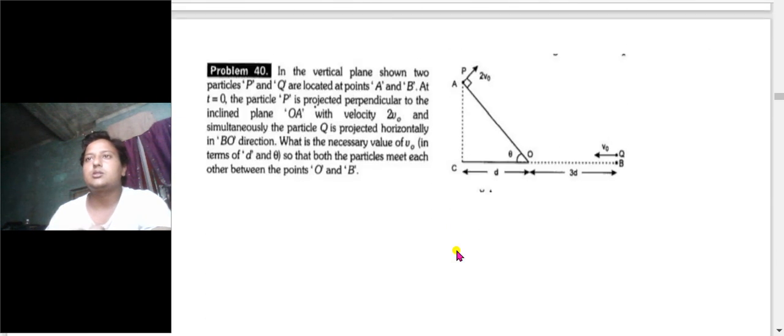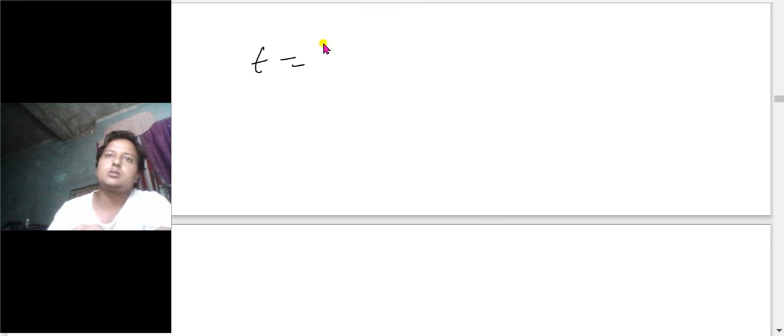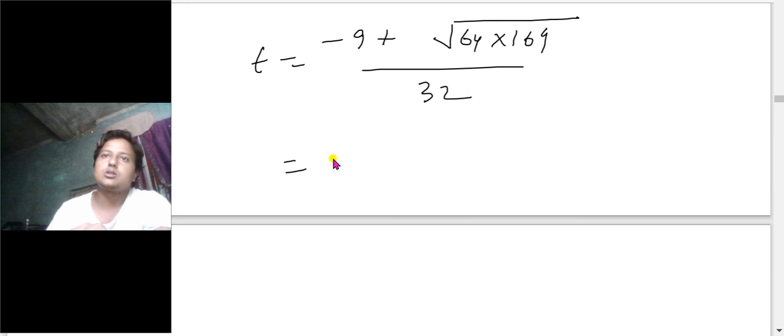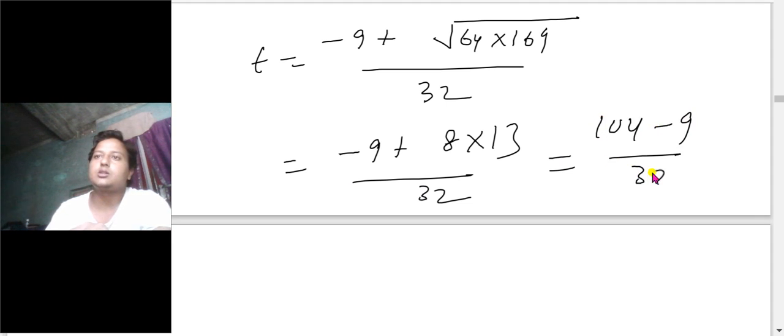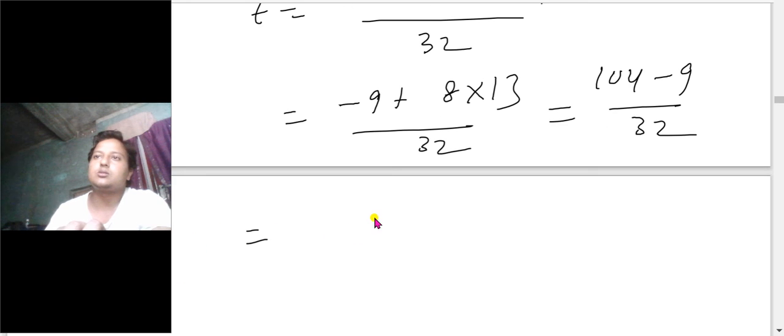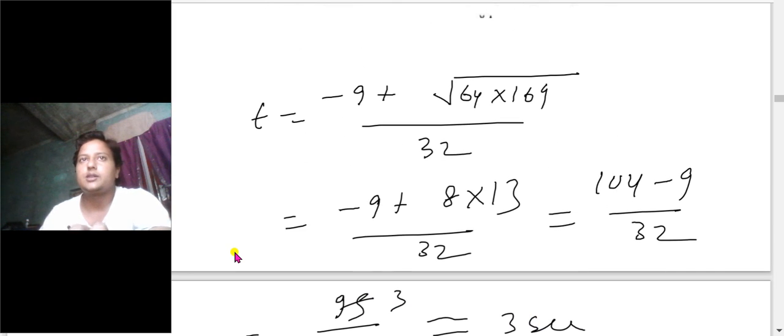So time is minus 9 plus under root 169 over 32, minus 9 plus 13 over 32, that equals 104 minus 9 by 32, that equals 95 by 32, that is approximately 3 seconds. So we get the time.